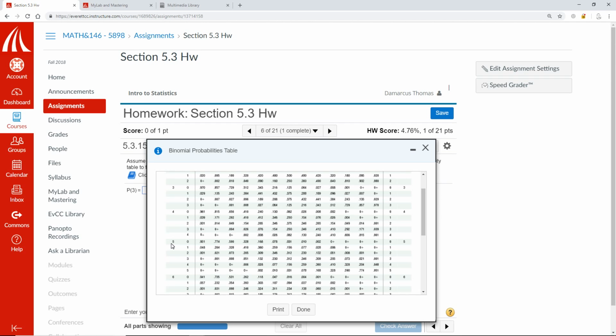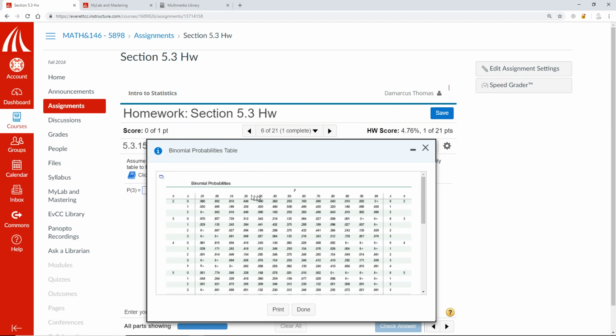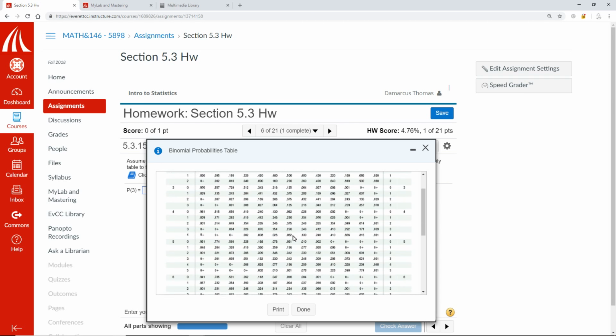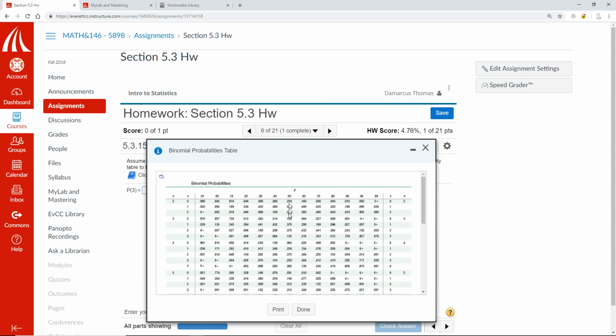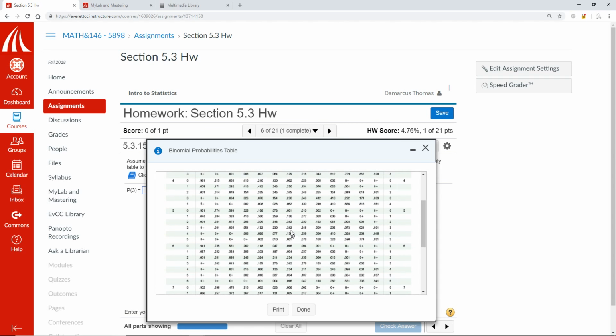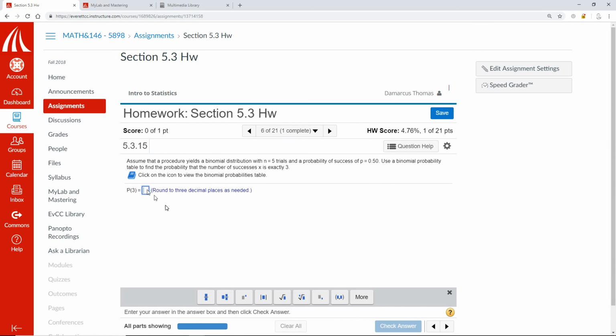But what does it say at the top? Well, these are the probabilities of success. So if my probability of success is 50%, I can go all the way down. Remember, this column is 50%, and exactly 3 is 0.312. So I should be able to get the answer right by doing 0.312.